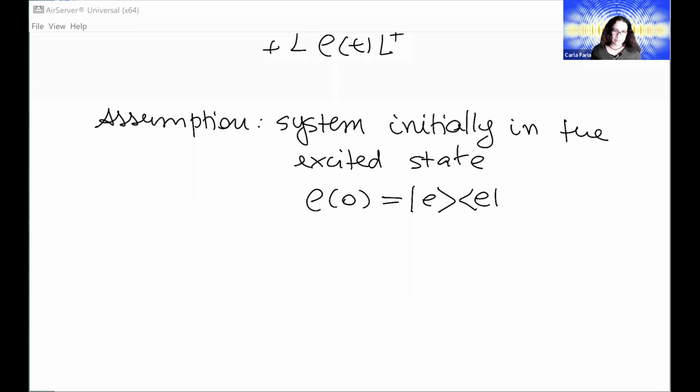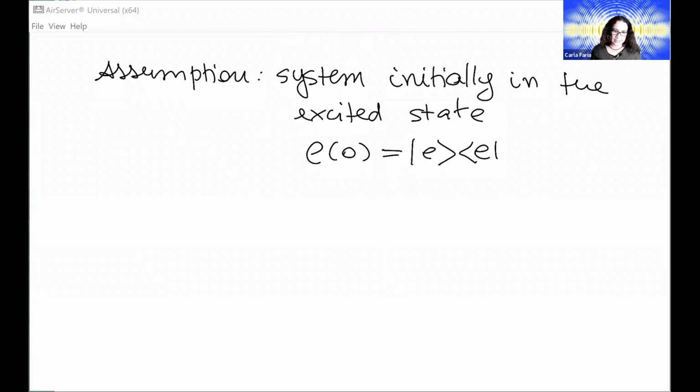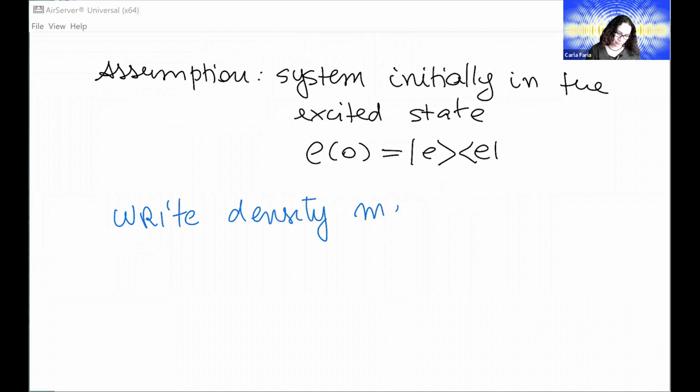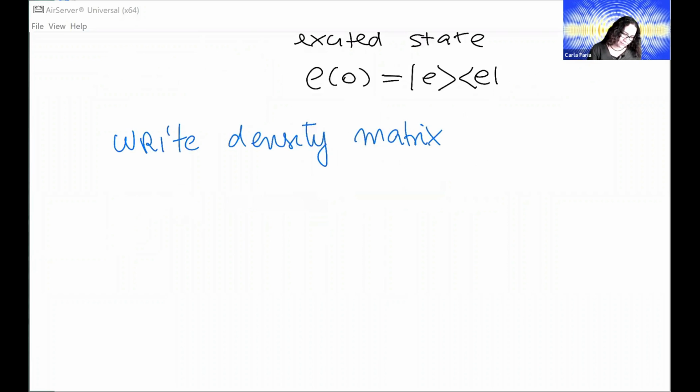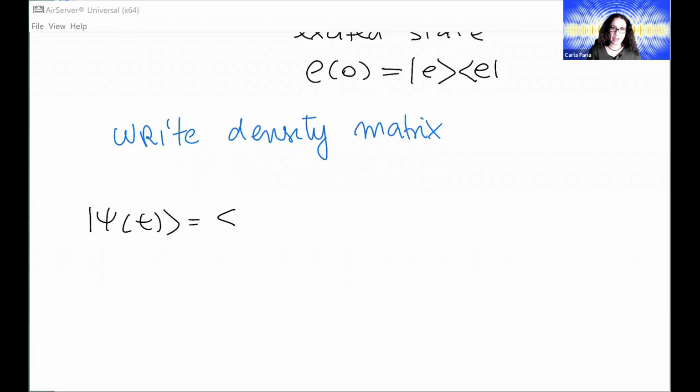So one thing that is very important for us to do is to write the density matrix of the system. So let's do that. And we're then going to have the state psi t, which we can compute by considering a closure relation onto the basis.